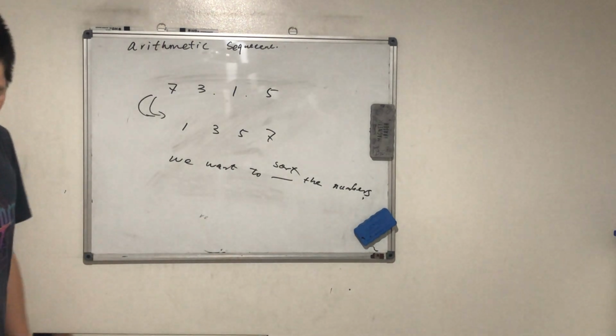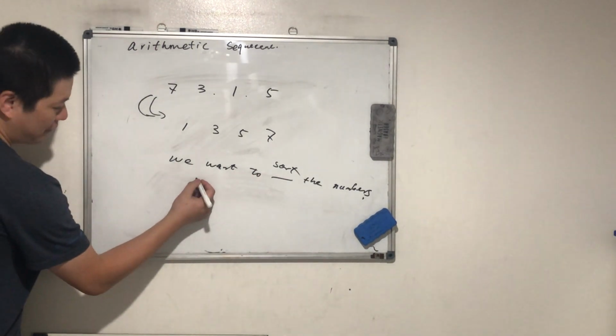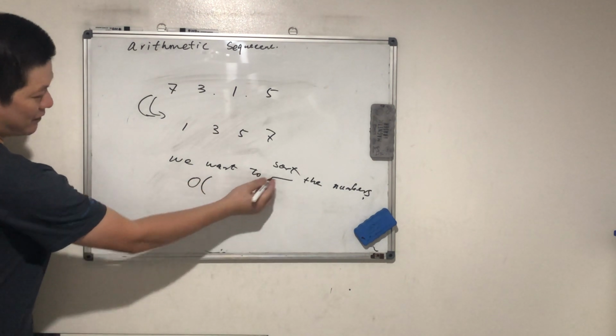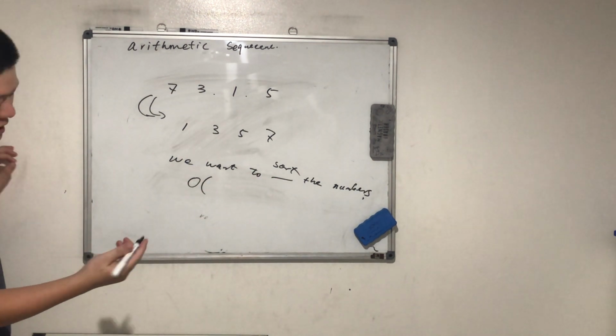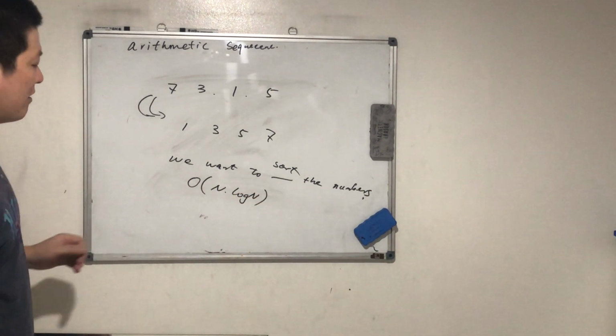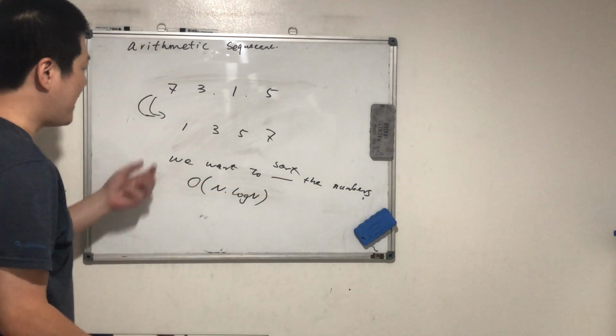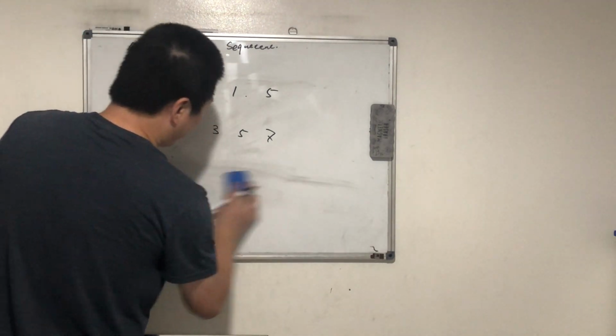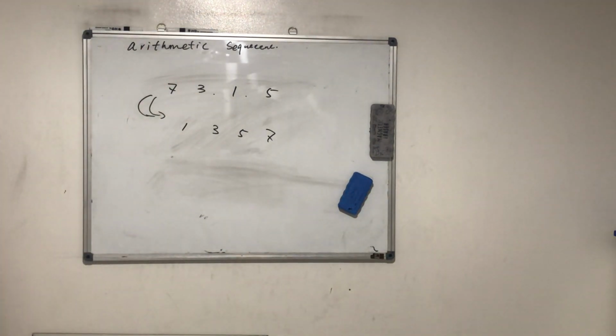So what's the sorting time complexity? If there are n numbers, what's the time complexity if we sort the numbers? Okay, so we sort the numbers. And once we sort the numbers, how do we check if it's an arithmetic sequence?